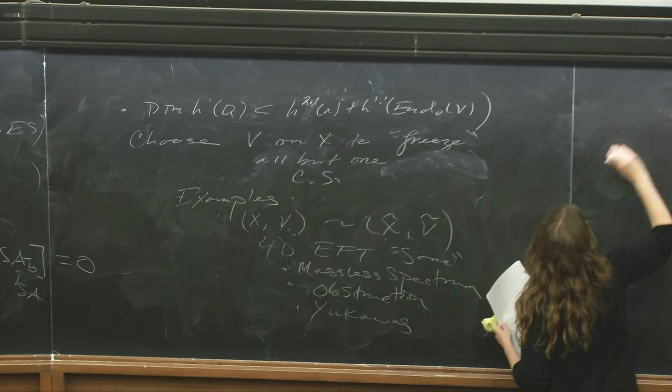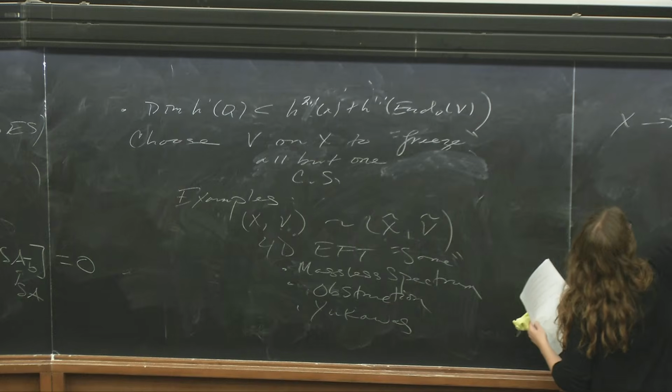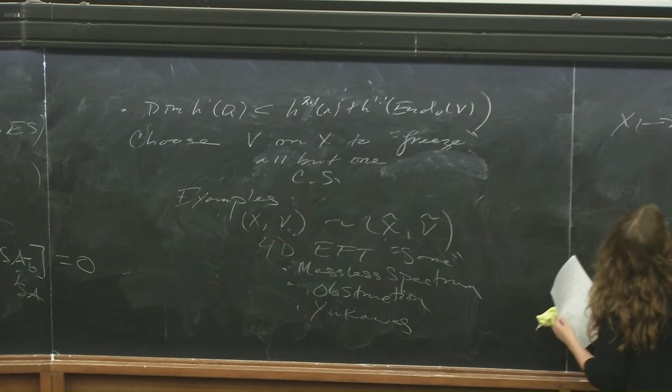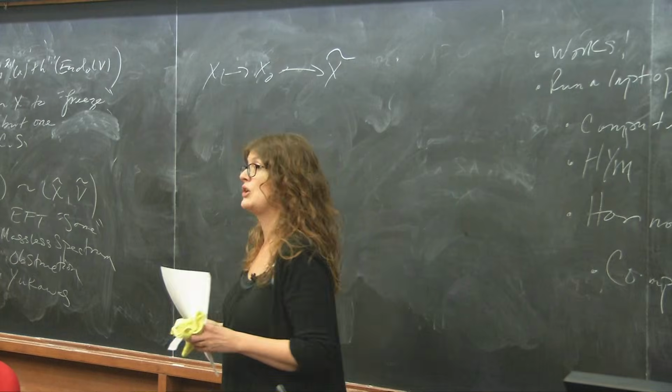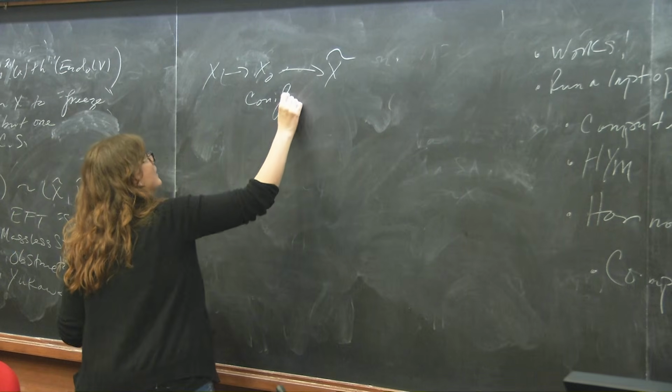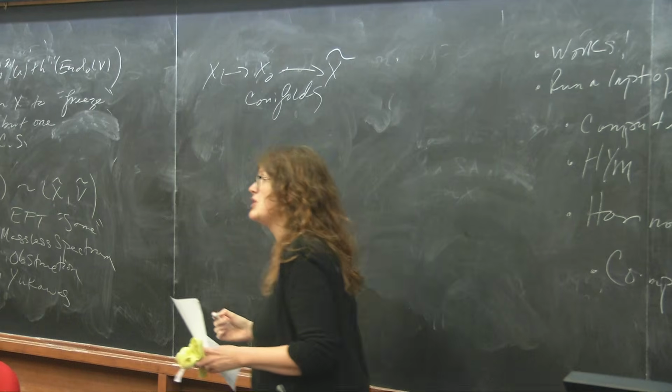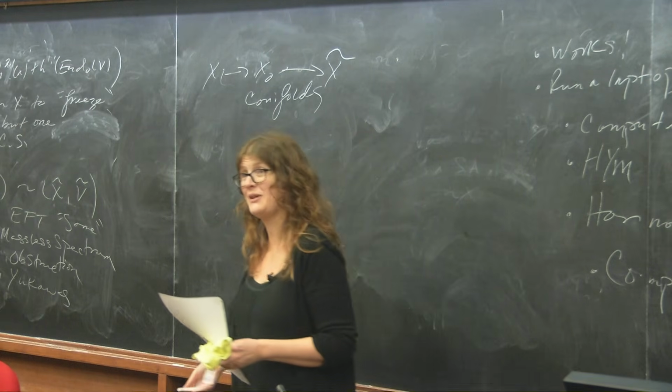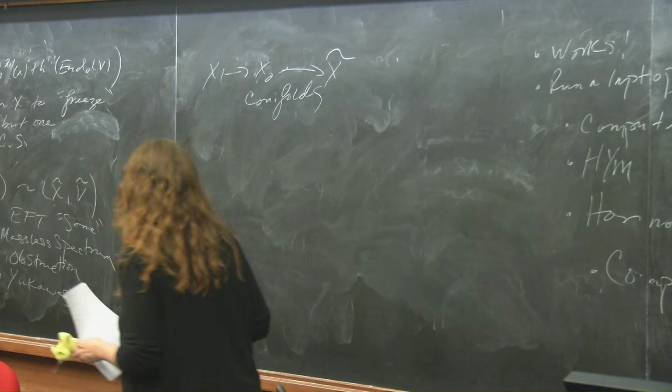These are all examples where X and X tilde are connected by geometric transitions. Specifically, the ones we've studied so far are conifolds. So these are the same geometric transitions that played a big role in all the classifications I was talking about over the last couple of days.